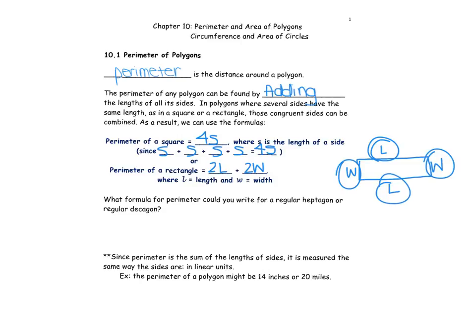The first question says, what formula for perimeter could you write for a regular heptagon or regular decagon? Hopefully you remember that a heptagon has 7 sides.